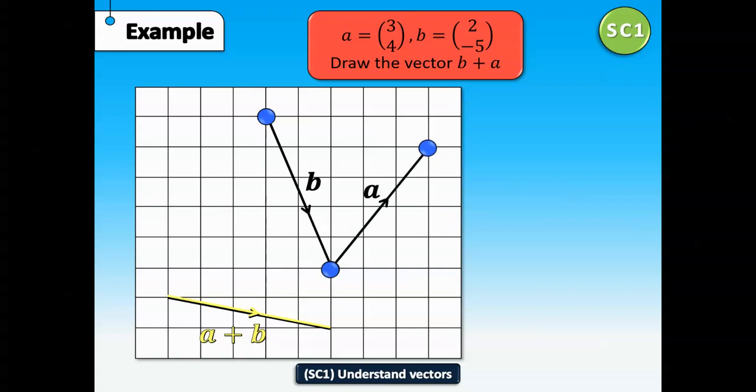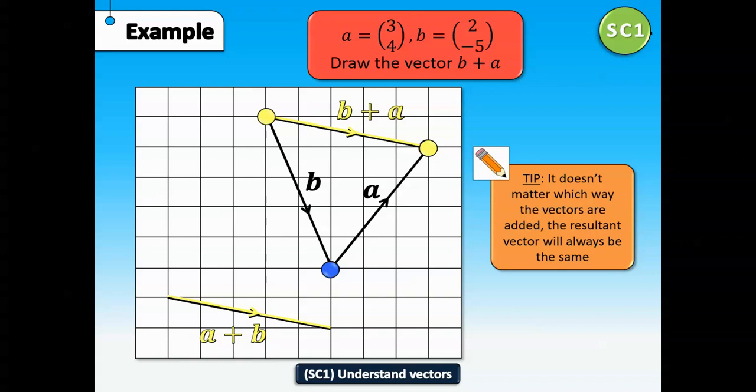And there's vector A. So vector B plus A will be here. Now it doesn't matter which way the vectors are added, the resultant vector will always be the same. And we can see that vector A plus B is the same as vector B plus A.